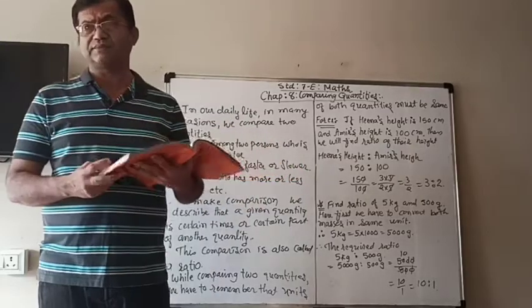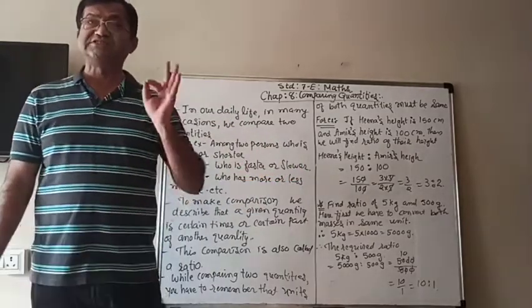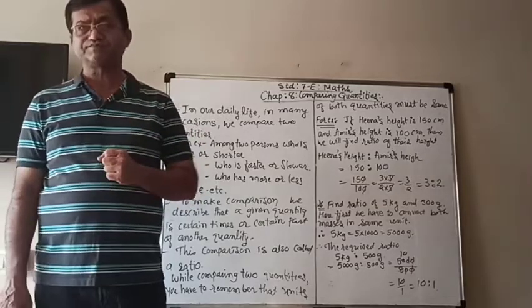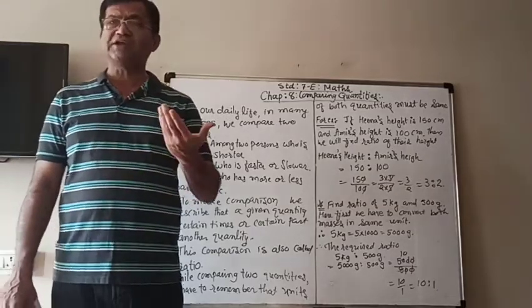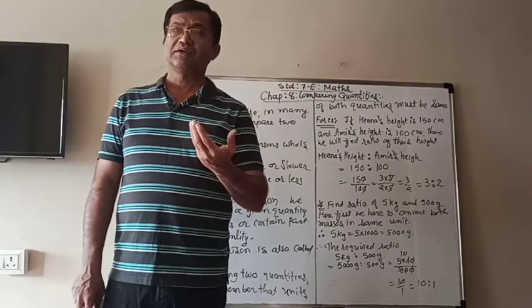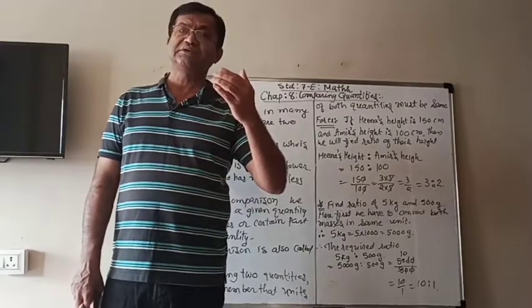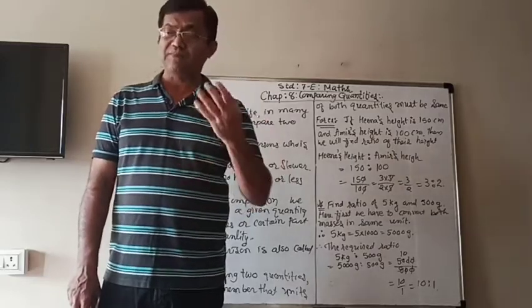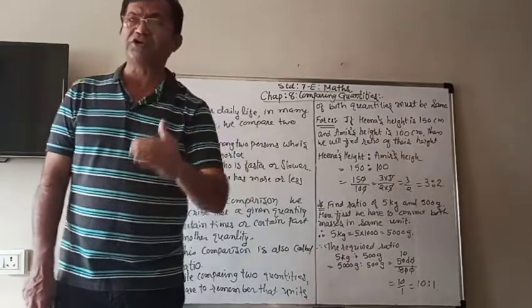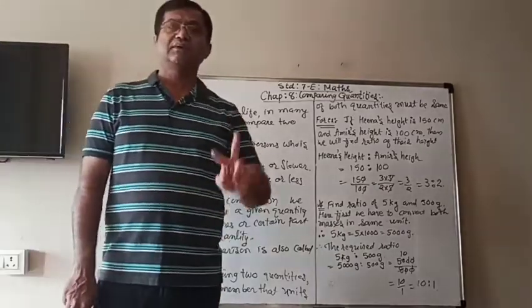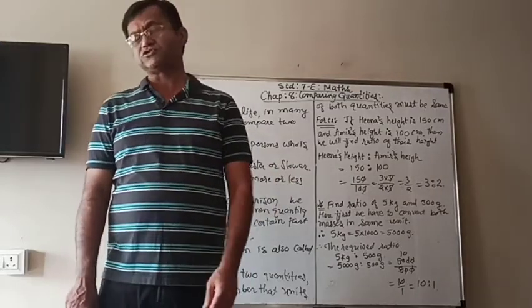It means that the cheetah is 6 times faster than a man. Or you can say that the man's speed is the sixth part of the cheetah's speed. You can convert it in the inverse also.